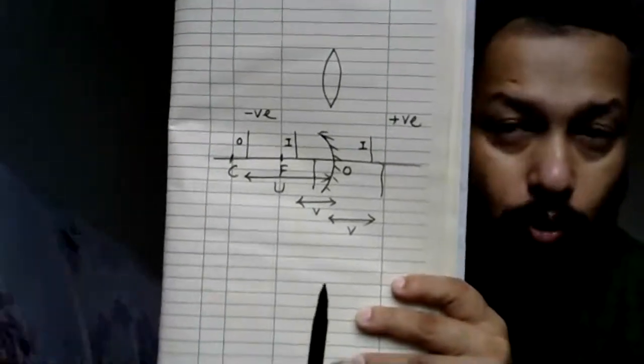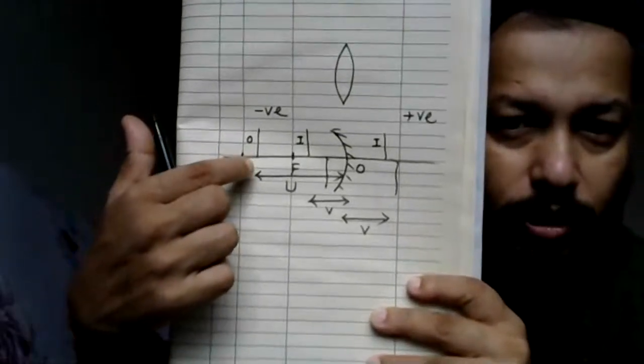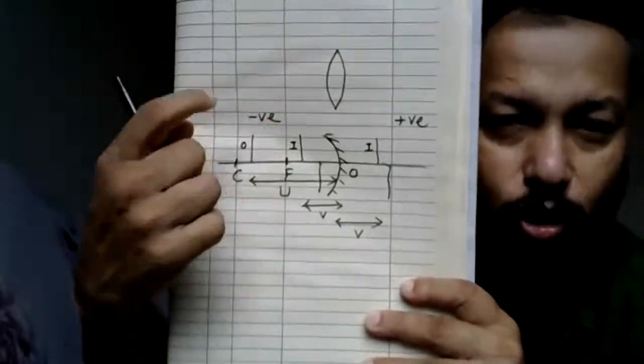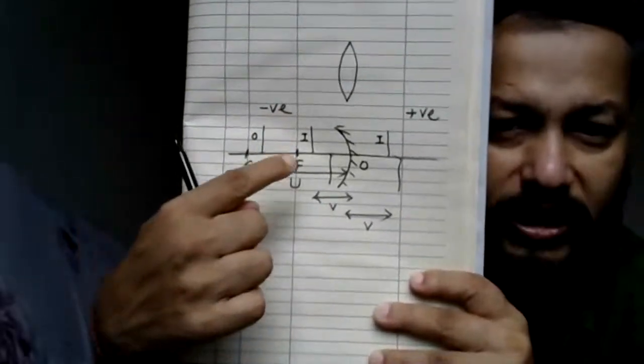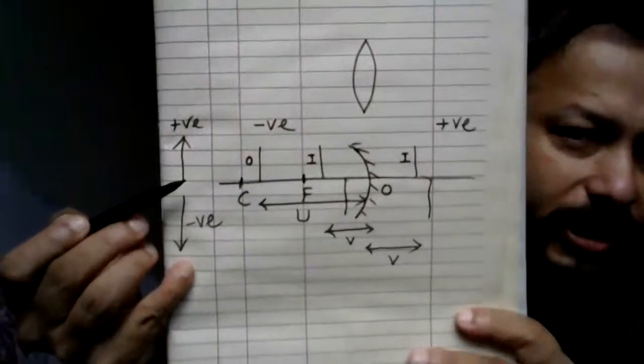Now I'm saying something you must remember. If you keep your object upward, it's always positive. If it's down, negative. What did I say? Up means positive, down means negative. Try to understand what is written here.